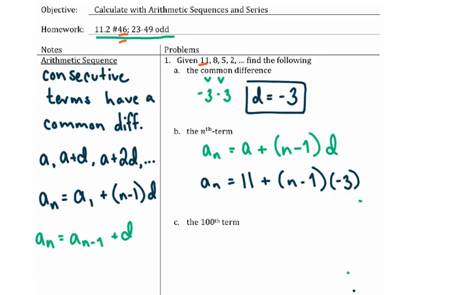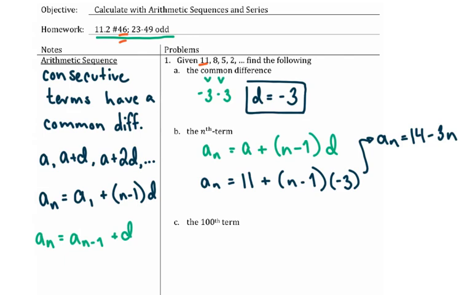Now you might just see this written like this. You could also see it in its simplified form with distribution, which would be 14 minus 3n or -3n plus 14. All of these are fine.